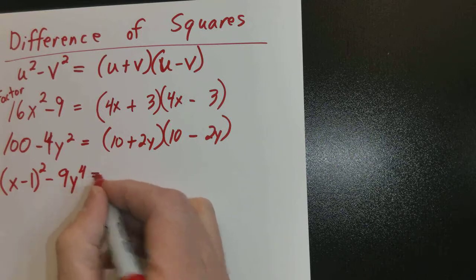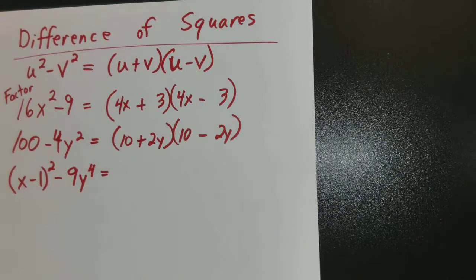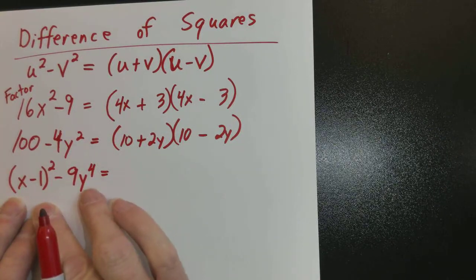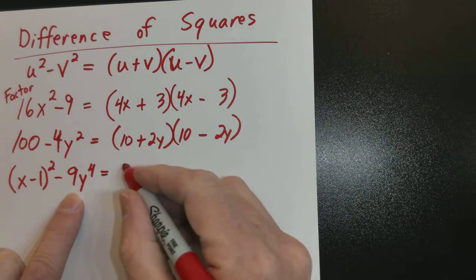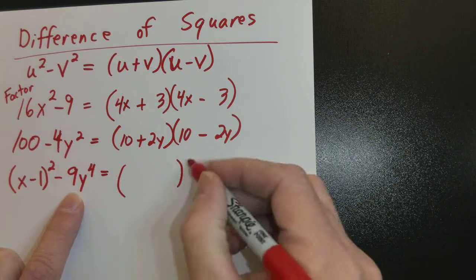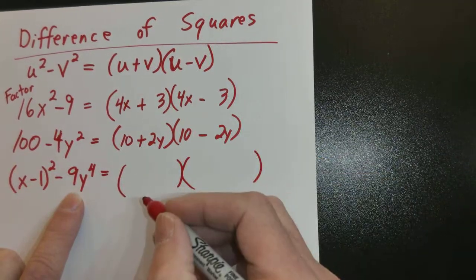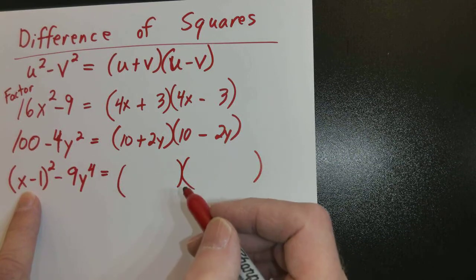Now, this one's a little more involved. x minus 1 squared minus 9y to the 4th. Okay, what would I write for the first part on these two?